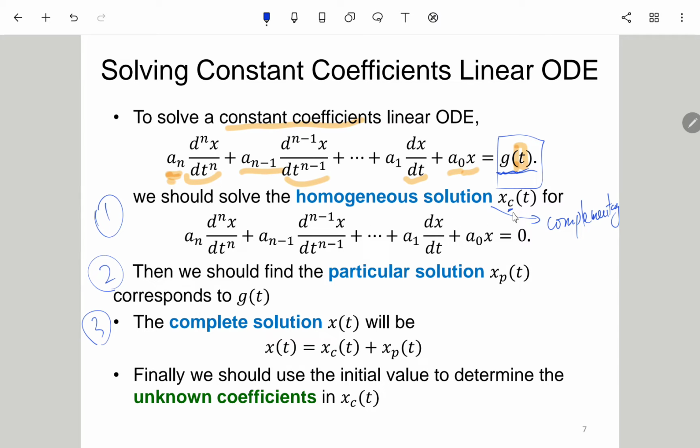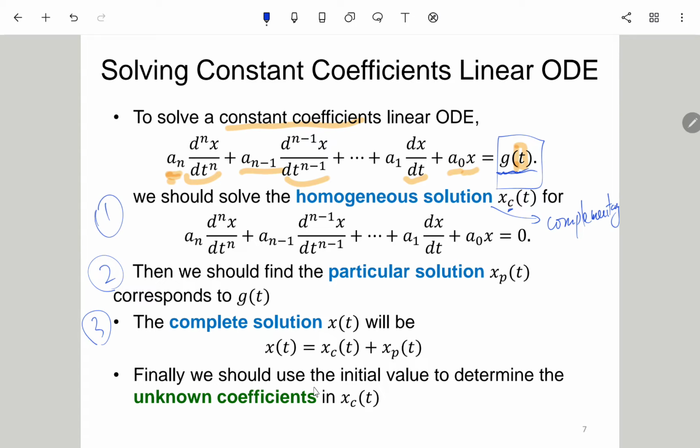So here I just call it xc of t, which is known as the homogeneous solution or the complementary solution. For the particular solution, usually you just call it the particular solution. So the complete solution will be the homogeneous solution added with the particular solution.